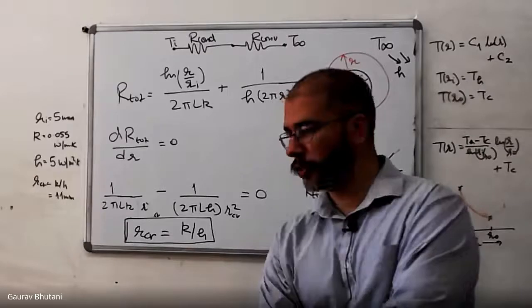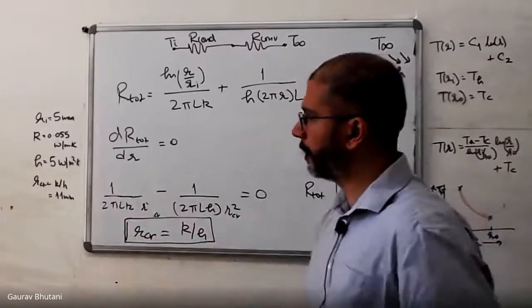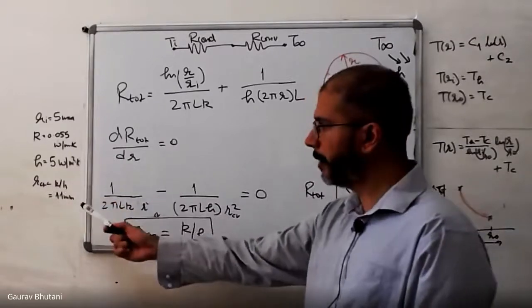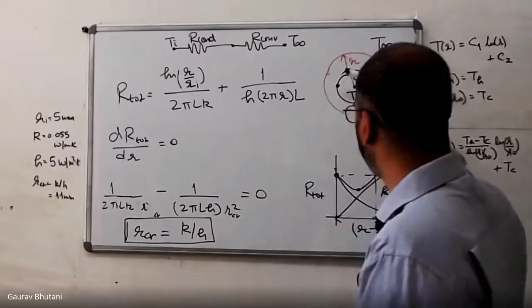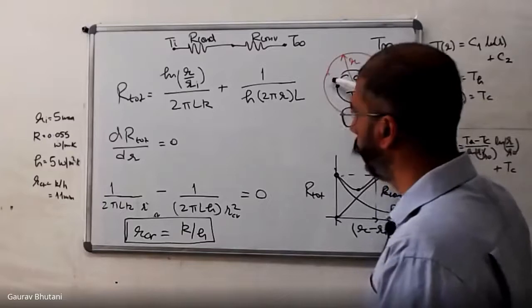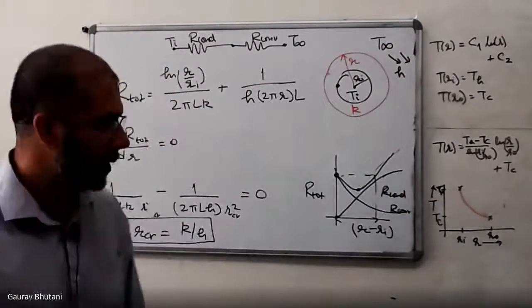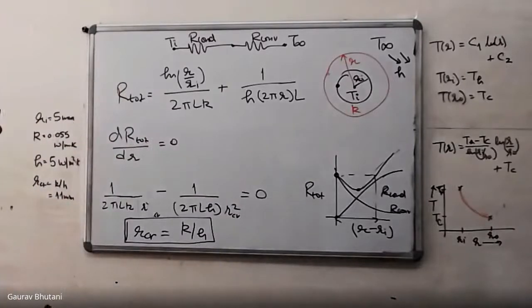Okay. So in this case, for the same example that I've taken, my R critical is only a function of K and H. So if I started with a pipe where the internal radius was, let's say, did I make a mistake here? I'm sorry, R critical was 11.